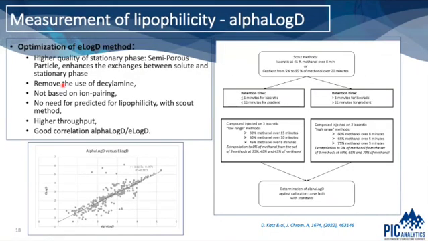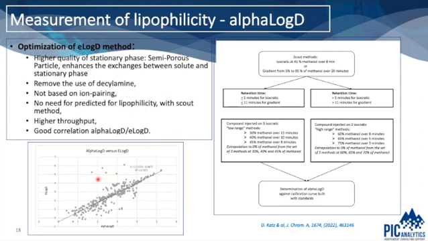So what Annalisa has been doing, they have kept the same principle and mindset in terms of eLogD, but they have been using a new phase that is still an RP amide, but working on semi-porous particles just to enhance the exchange between the solute and the stationary phase. Because of the quality of the stationary phase, you don't need to use the decylamine. And it has been decided not to work in ion pairing.